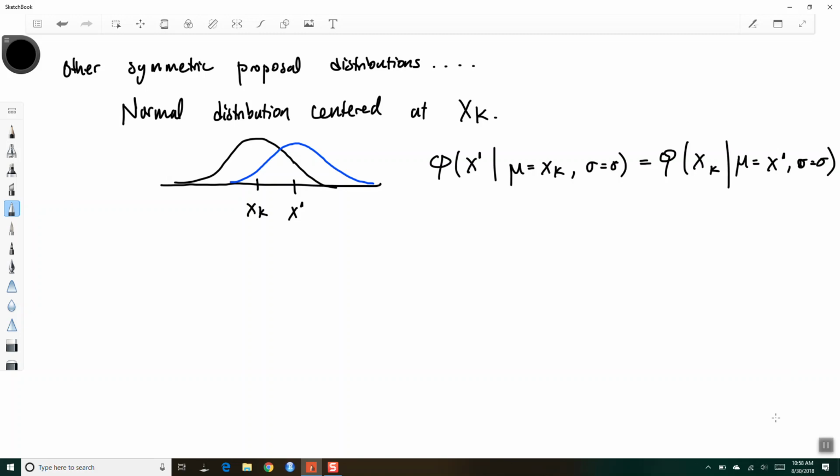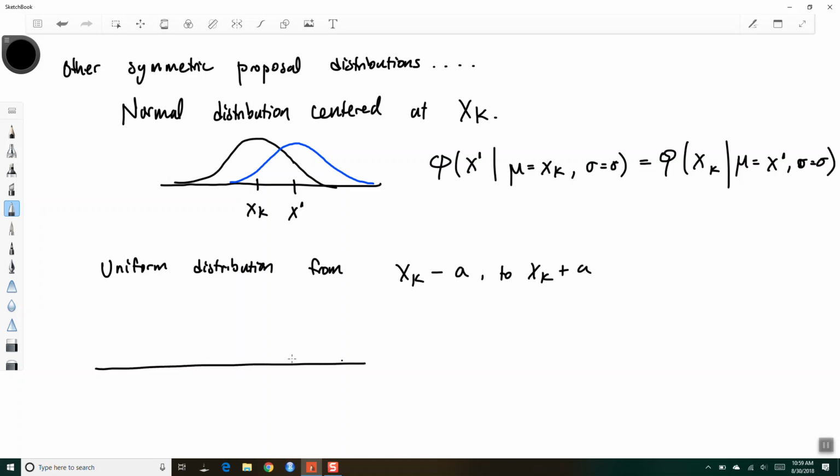Is that okay? Yeah. Another example could be the uniform distribution from xk minus a to xk plus a, right?